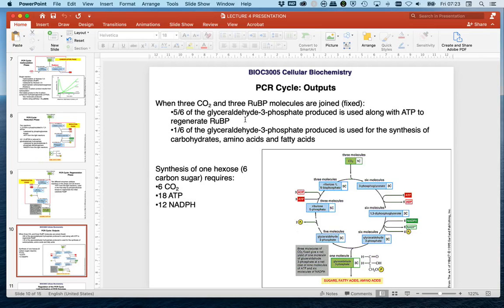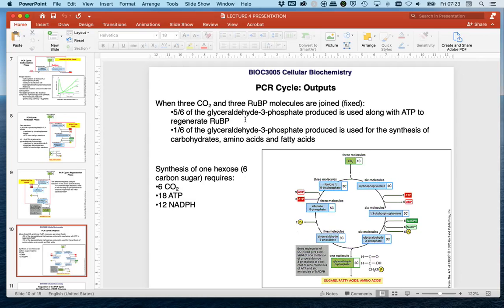then we see that 5 out of every 6 of the glyceraldehyde 3-phosphates that are produced, the 3 PGA molecules that are produced, along with the ATP, 5 out of every 6 is used along with ATP to regenerate RuBP.